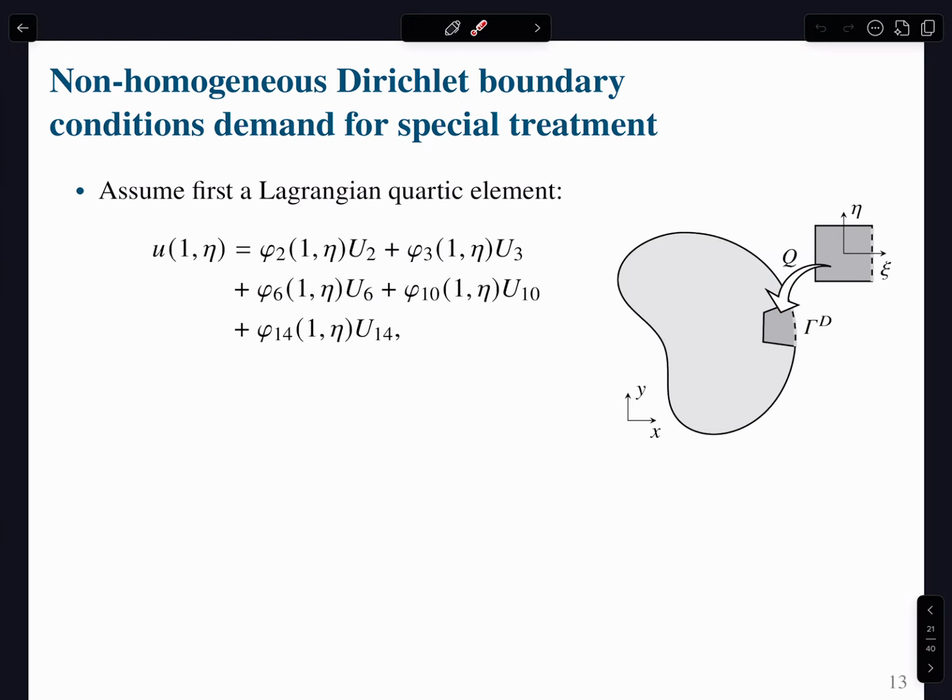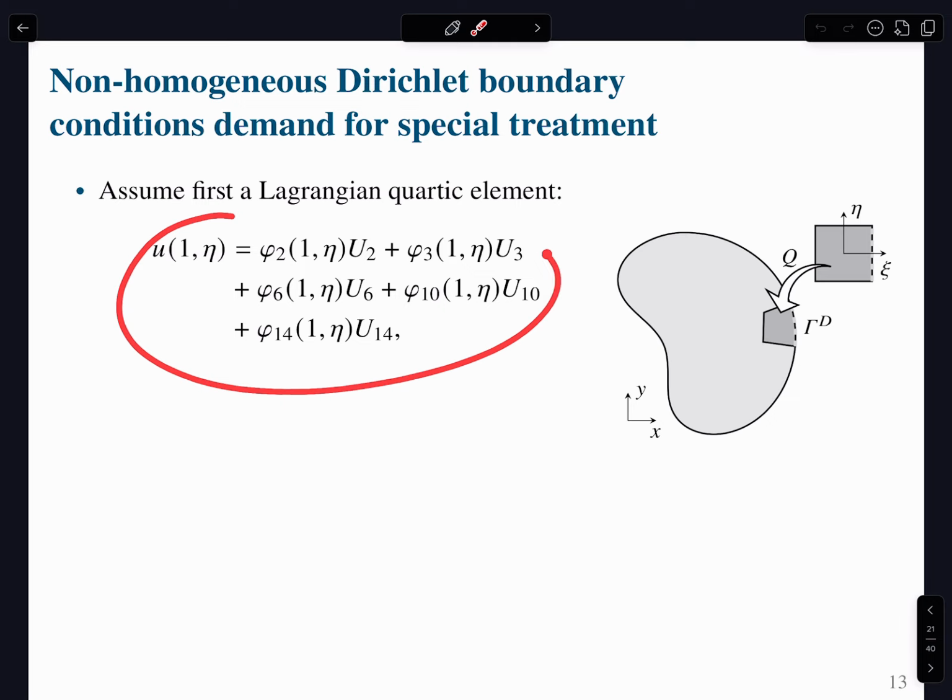And so now, if I were to use a Lagrangian type of approximation along that edge of order 4, I could represent the solution along that edge with this equation, right? U of 1 comma eta, 1 because I'm actually along that edge, so xi is equal to 1, is equal to phi2 U2 plus phi3 U3 plus phi6 U6 plus phi10 U10 plus phi14 U14.